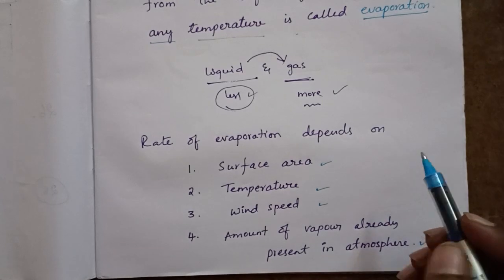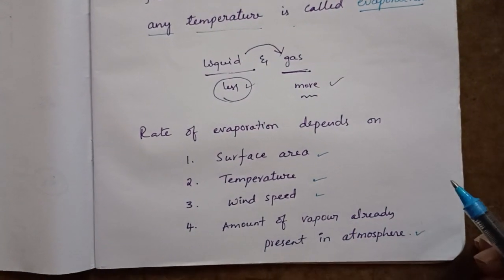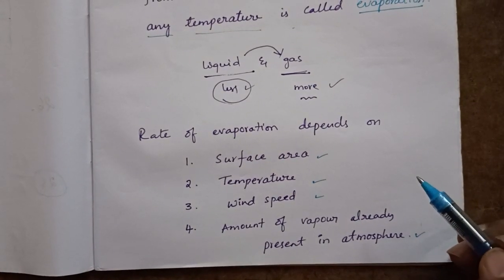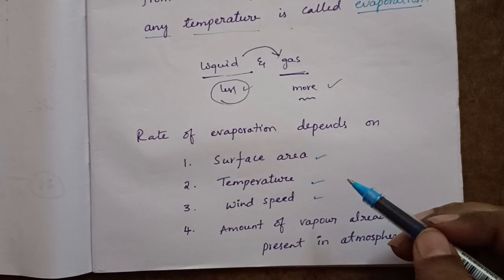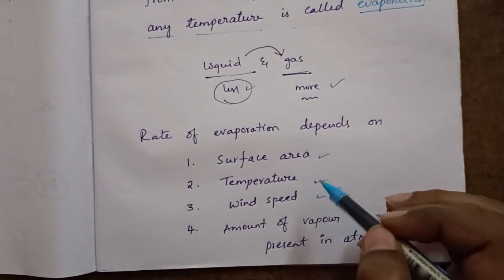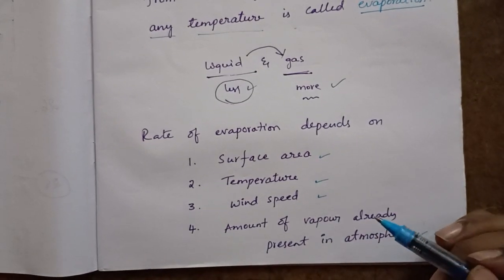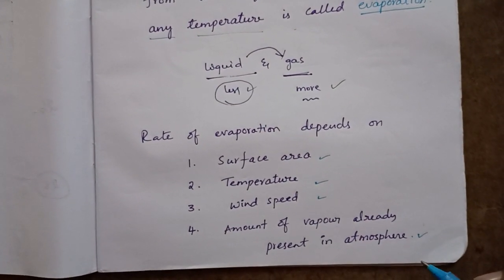Now we'll discuss activities to prove this. From the examination point of view, they'll ask to write an activity to show that the rate of evaporation depends on surface area, temperature, wind speed, and amount of vapor already present in the atmosphere.